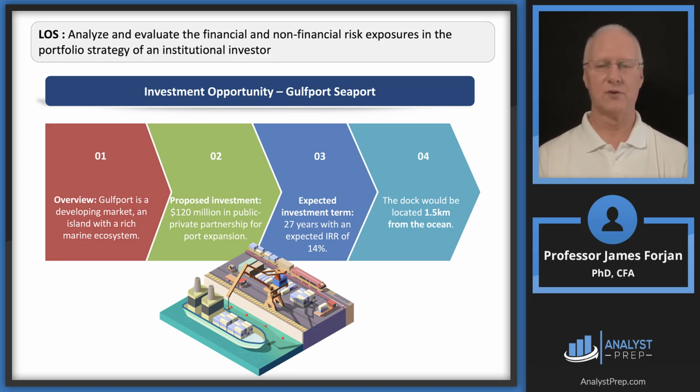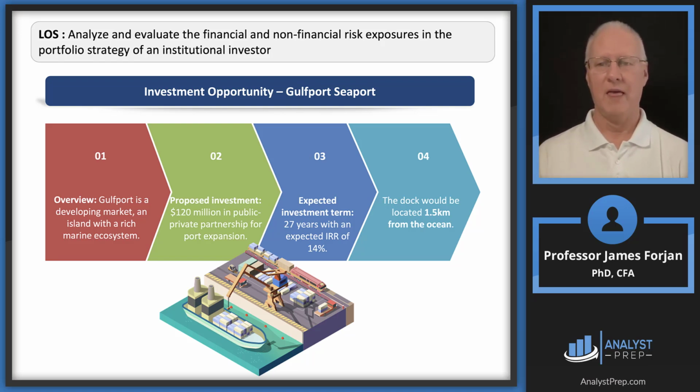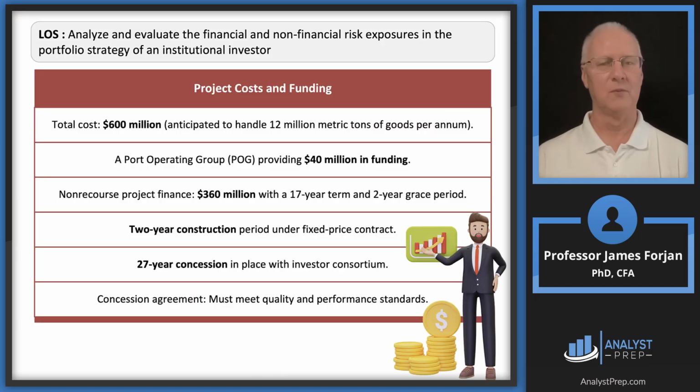So there's the infrastructure, 27 years, expected internal rate of return of 14%. 14% sounds like a great return to me. Dock would be located 100 or 1.5 kilometers from the ocean. Here being in the United States, I have no idea how far that is. That could be 100 miles or it could be a half a mile. Probably somewhere in between there.